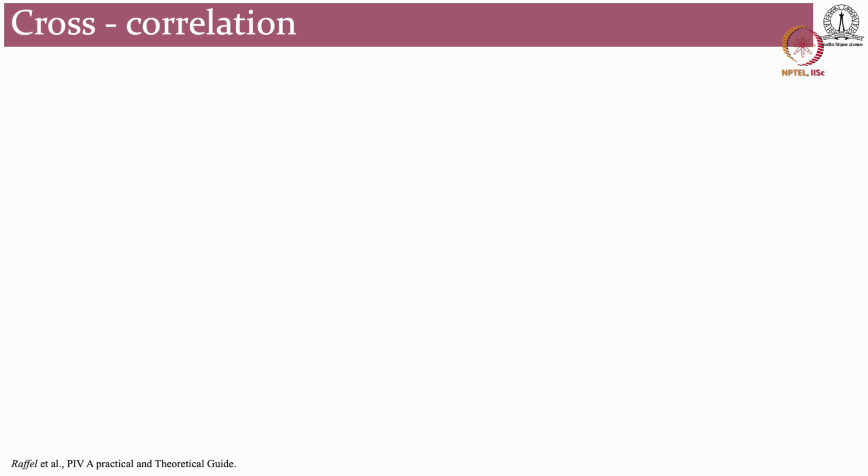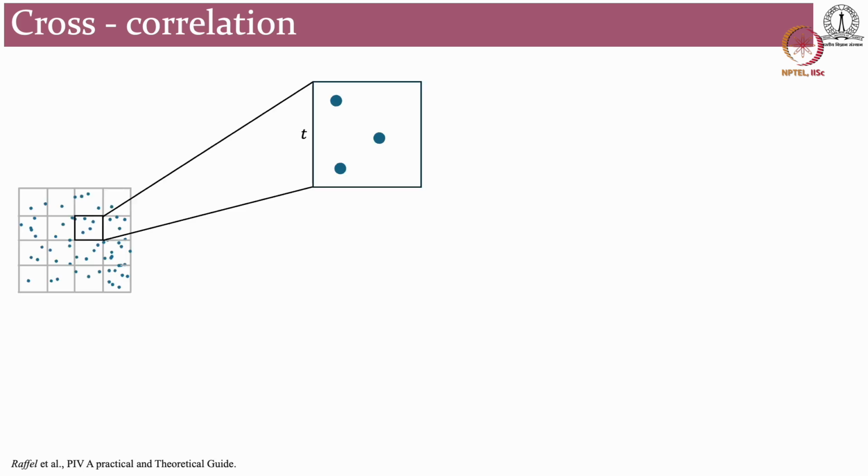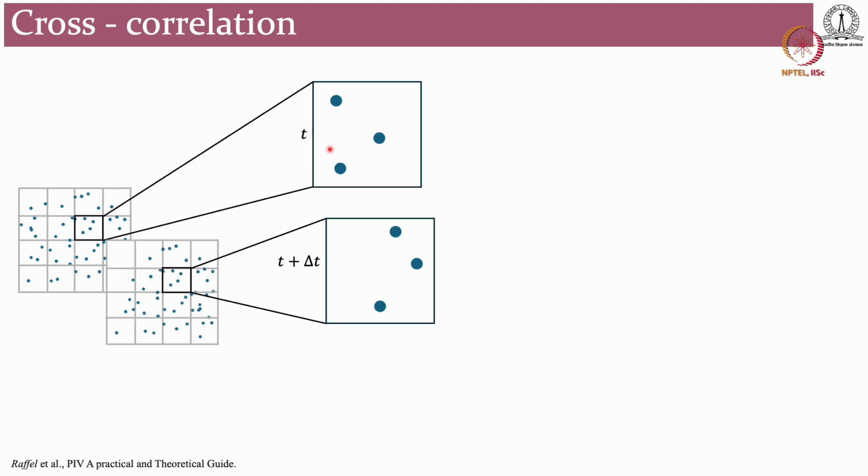So to sum up, you have a flow field which you have divided here into 4 cross 4 grids. You have particles, and at some time t you have this pattern like this, and at time t plus delta t you have this one.